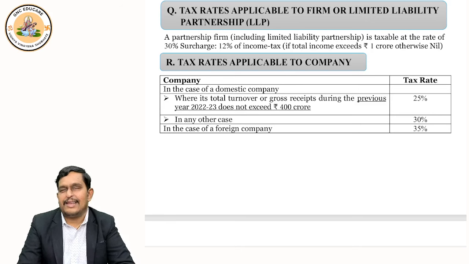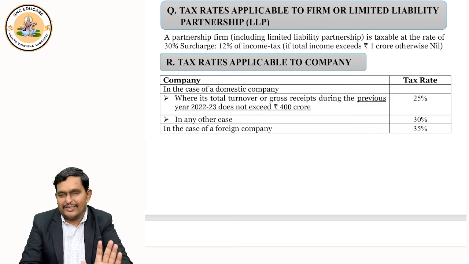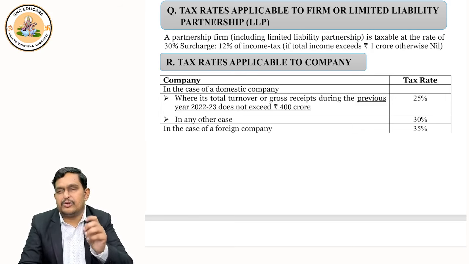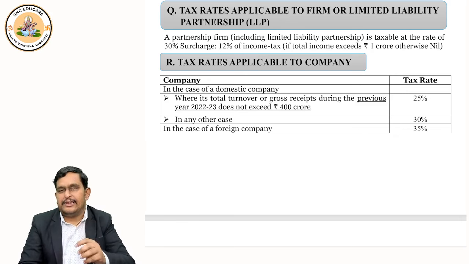Surcharge is a tax on tax. So, suppose your income, not turnover, okay? Your income is less than 1 crore, up to 1 crore, let us take. Okay? Or between 1 crore 1 rupee to 10 crores, or 10 crore 1 rupee or above. See your income.